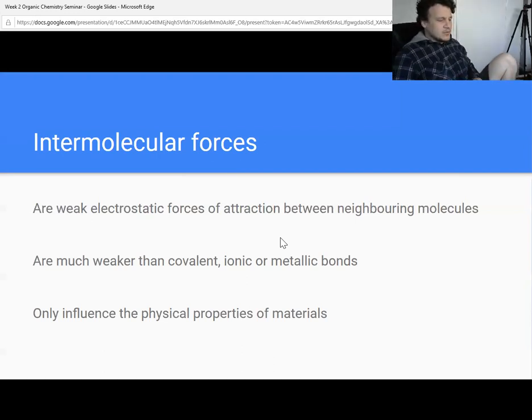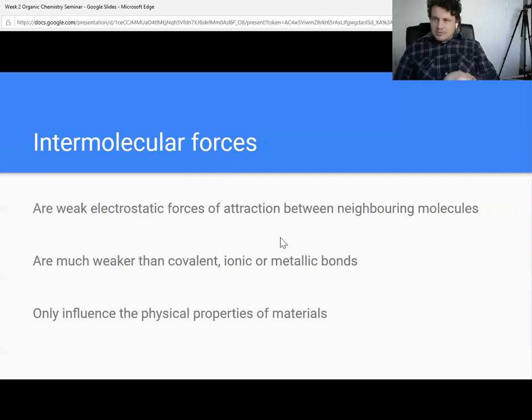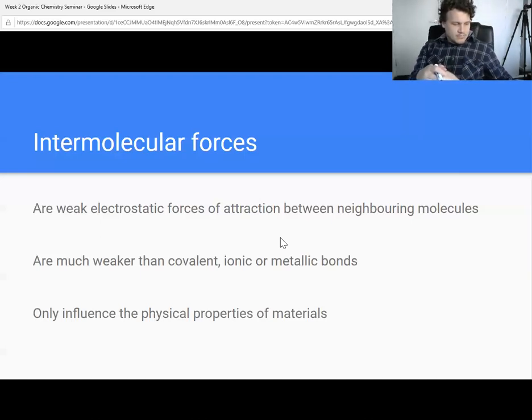And they only influence the physical properties like boiling points, melting points, solubility. And again, if you've looked at what we're going to do in this, that's what we're looking at. You get sick of me saying this, but every single step along the way comes all the way back to these intermolecular forces that we're going to go through.